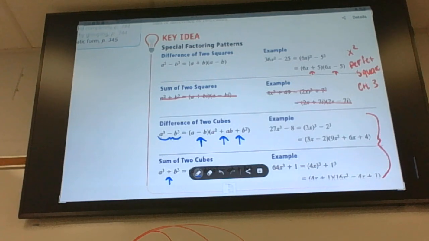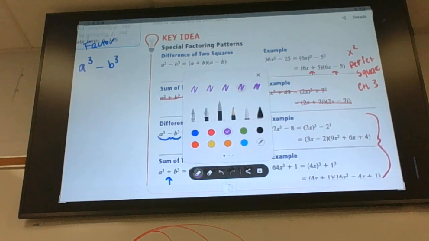All right, so I'll start with this. If I have a to the third minus b to the third, and my directions just say factor, I'll write two sets of parentheses, a little binomial and a bigger trinomial.